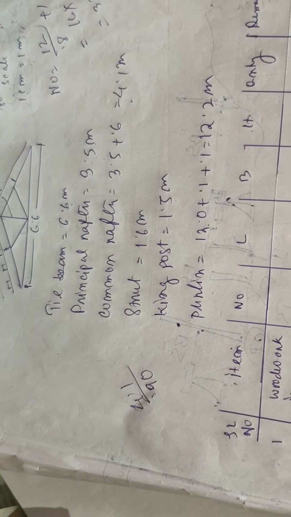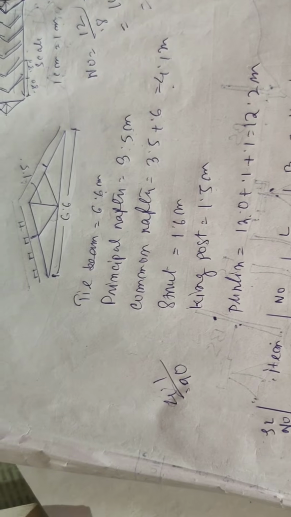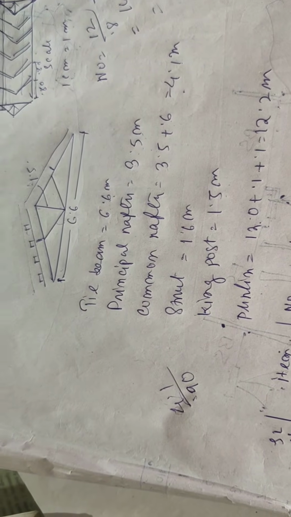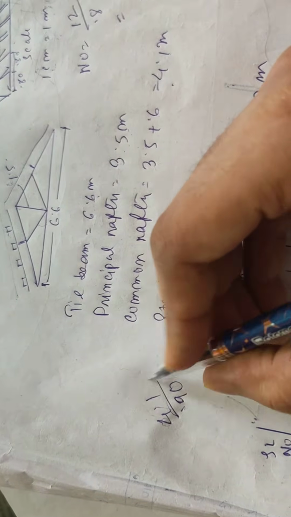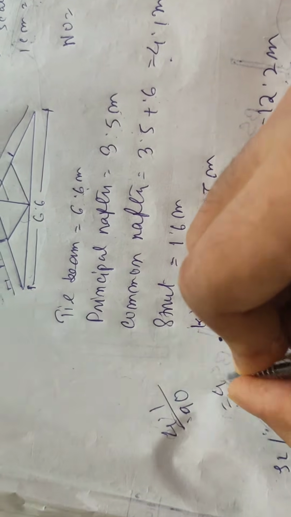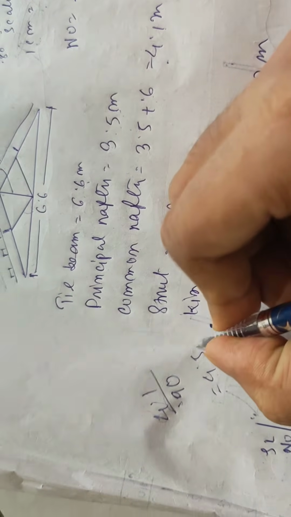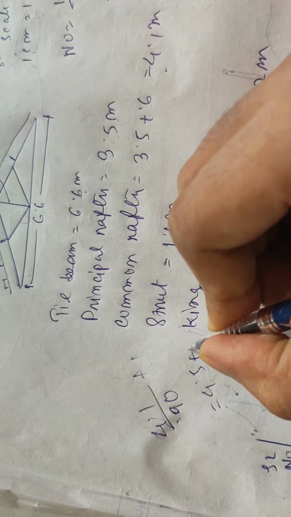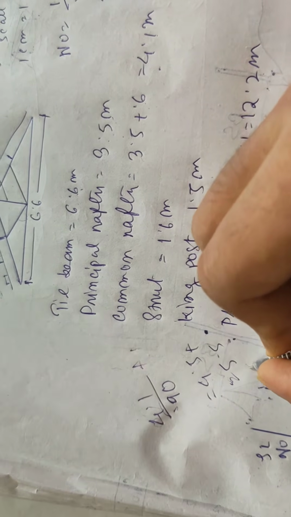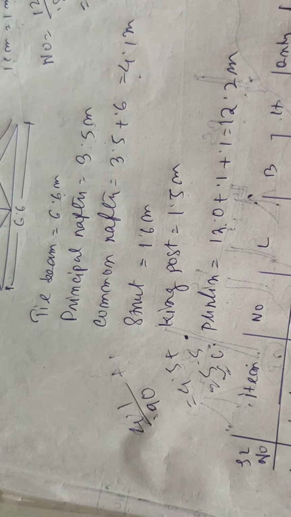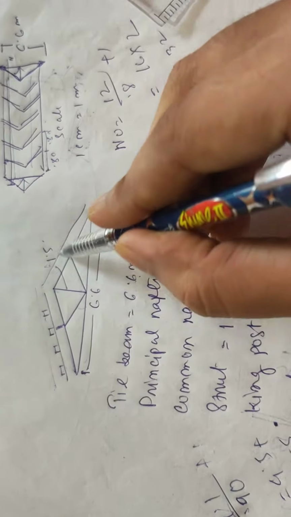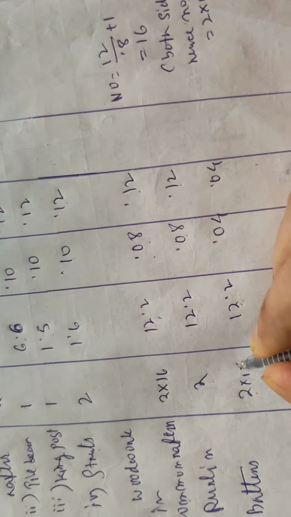So 4.1 divided by 0.9, this is 4.5, plus 1, it will be always plus 1, so 5.5, ultimately 6. So 6 battens on this side and 6 battens on this side. So in that way also you can calculate.